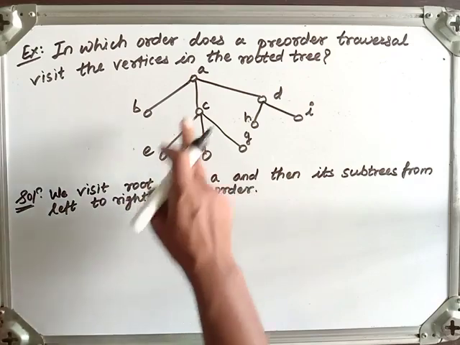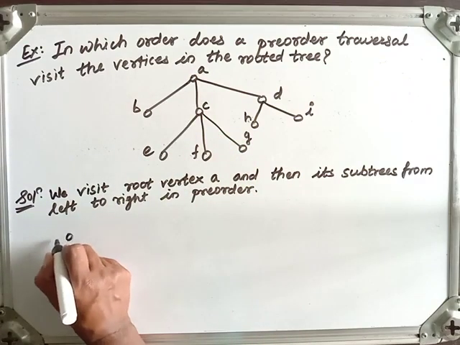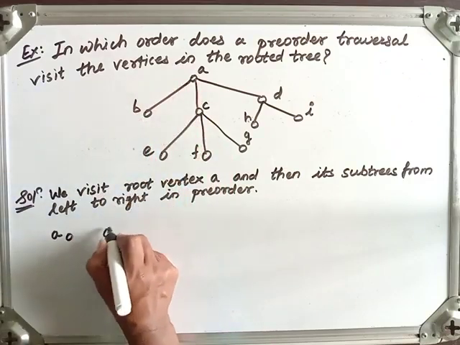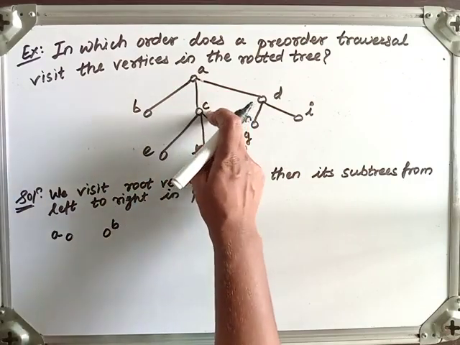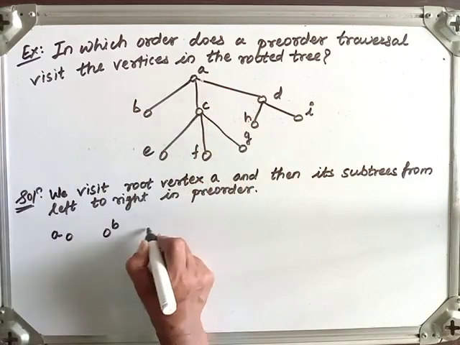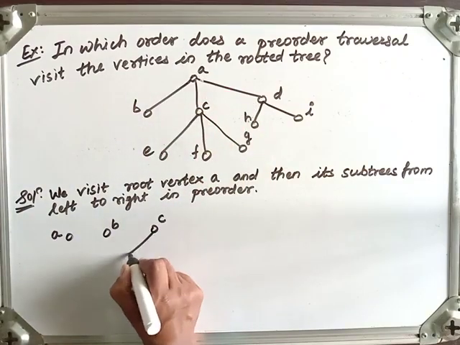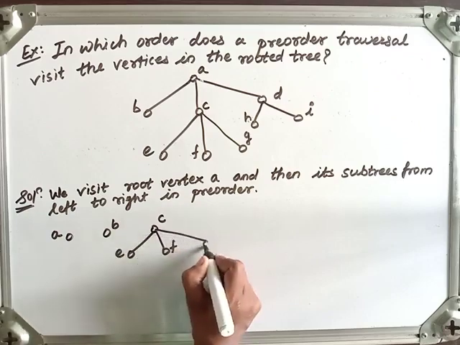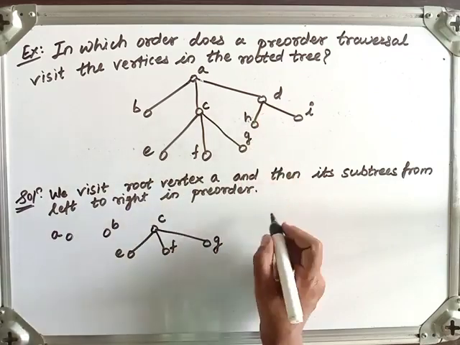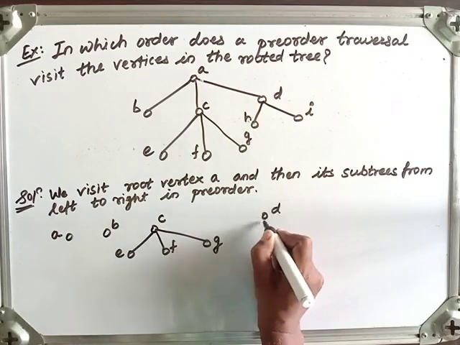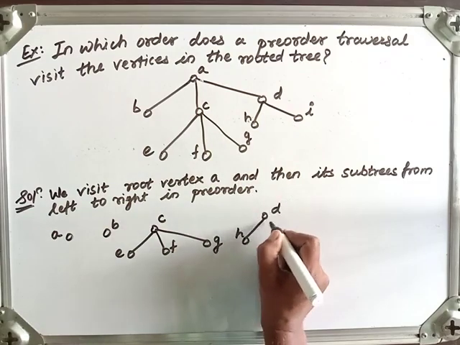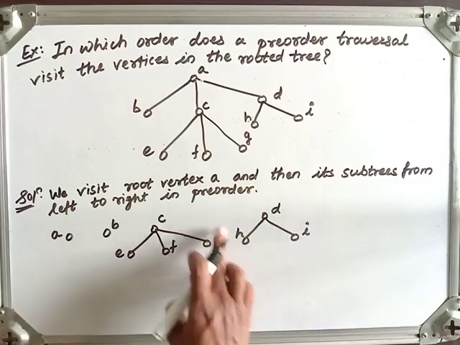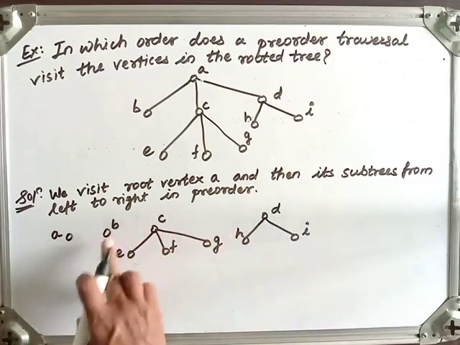So first of all we will visit A, right? Then we will visit B, fine. Then we will visit C with its subtree, so C with its subtree E, F and G. Then D with its subtree H and I. Now again we consider this as another tree.